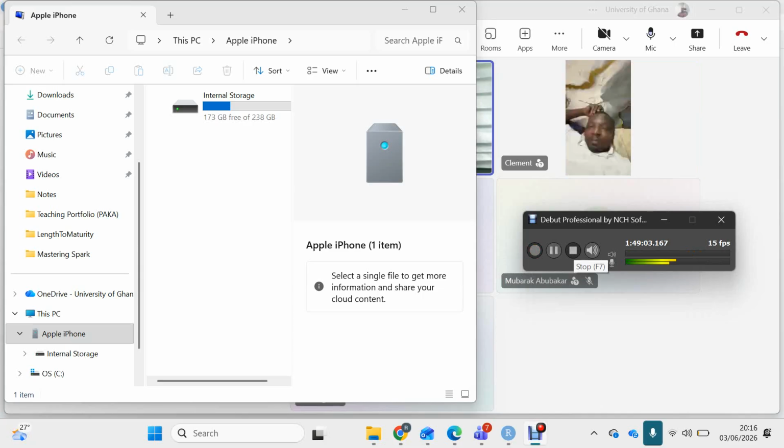So let's see. The OKC, the mutate. Excellent. Okay, let's see this.